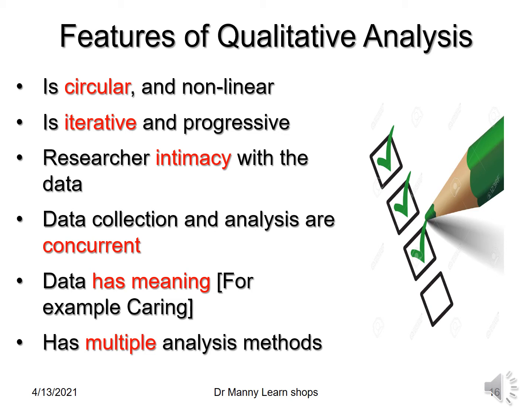In qualitative data analysis, it's typically concurrent. As soon as you start collecting the data, you start analysing it. So data has got meaning, which means, for example, caring. I mean, if you collect an apple, it's an apple. So therefore, in qualitative data analysis, you can have numerous types of methods.